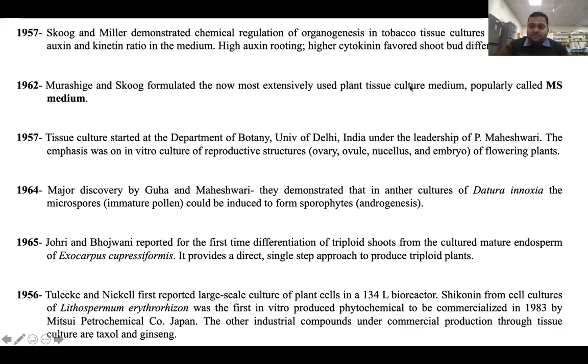This is just to introduce you to some of the Indian plant tissue culture experts. And this was in 1956 actually, so it's not following the sequence. But I wanted to highlight this here because that was the first time a company, a Japanese company, Mitsui Petrochemical, used plant tissue culture. They got the patent for this, to synthesize shikonin using plant tissue culture. They used cell cultures in bioreactors for the synthesis of shikonin.